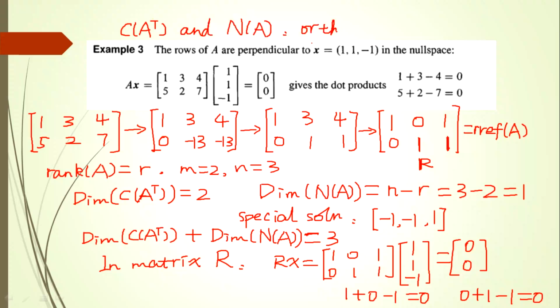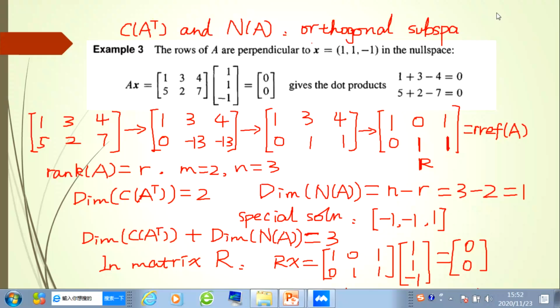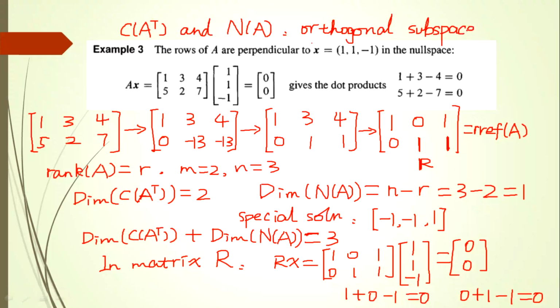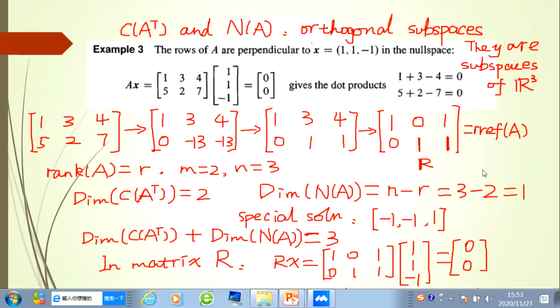We call them orthogonal subspaces. They are both subspaces of R3, and the dimensions of those add up to n. So that is example 3.